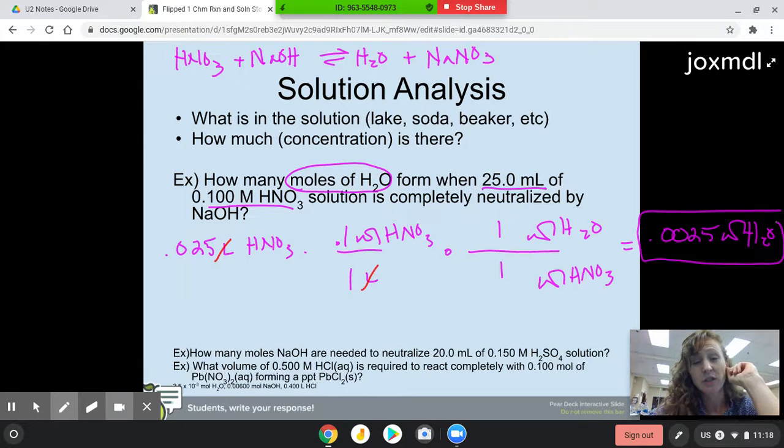Until you're familiar with them, write them out, balance them, and double check. With acids and bases, acids only give off one hydrogen at a time. So if you have an acid with a base that only has one hydroxide, it's always going to be a 1-to-1 ratio. If your base has two hydroxides, then it's going to throw off your ratio. Good question.